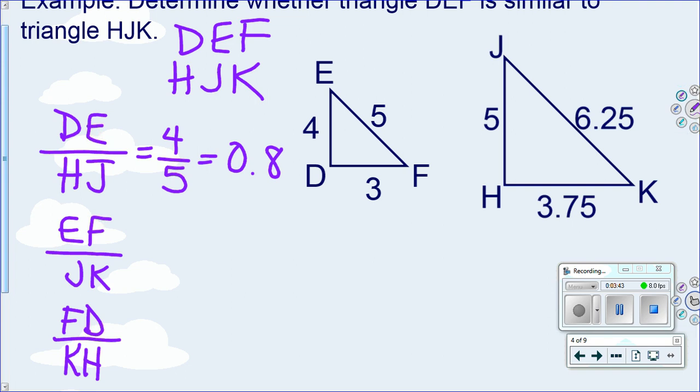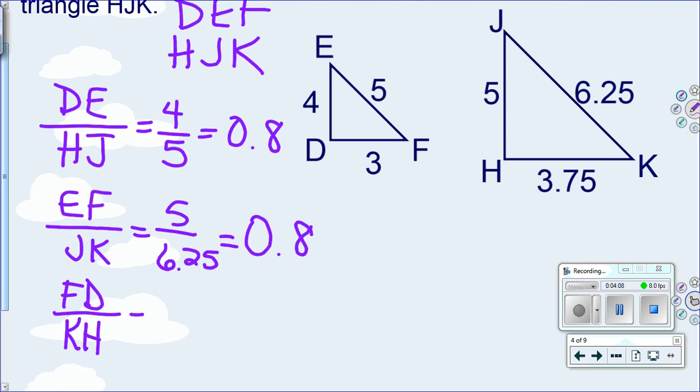Good. Okay, what's the length of EF? 5. What's the length of JK? 6.25. If I put that in my calculator, 5 divided by 6.25, what do I get? 0.8. Remember, you put top number divided by the bottom number.